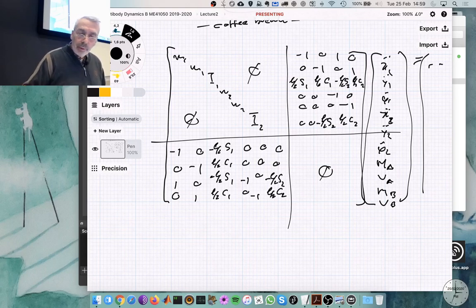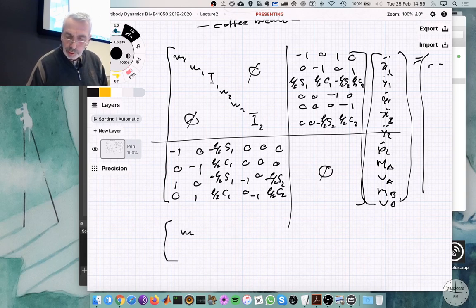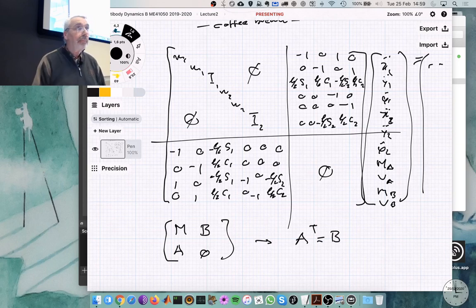Clearly, if you look at these matrices, they have a relation, right? I mean, all the entries I see here I see here. And we already wrote down, if the matrix has this structure, capital M, and this was A, and this was B, and this was 0, then it must be that A transpose is B, right?